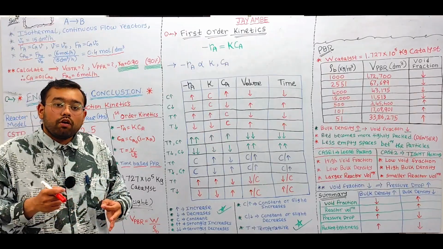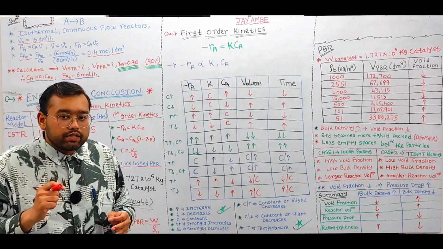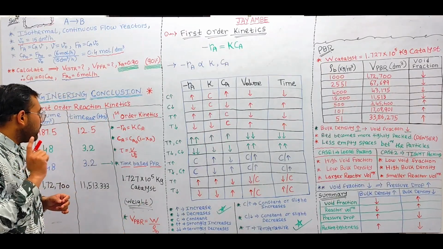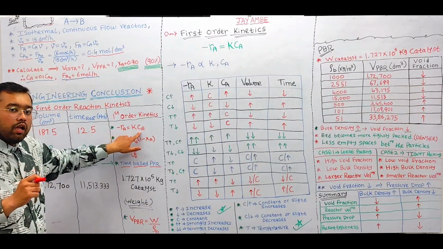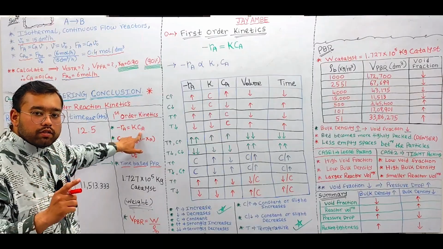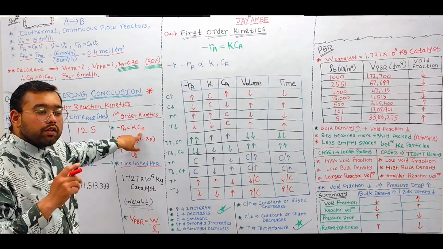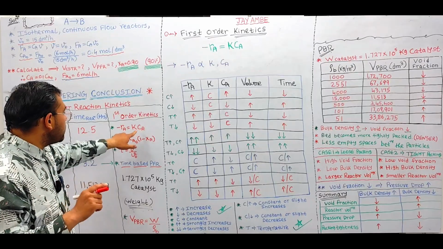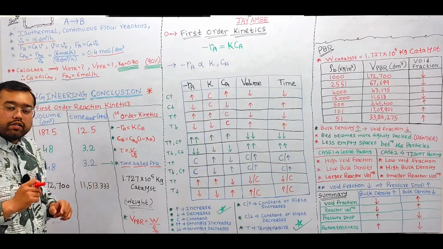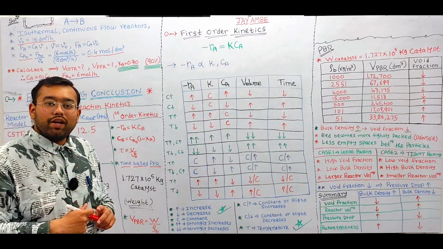Due to the first order reaction kinetics, with the direct proportionality of reaction rate with the concentration, the concentration of the reactants decreases, due to which the reaction rate will also decrease with the progress of the reaction.